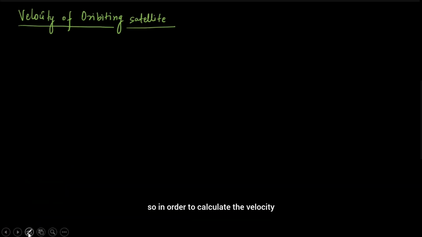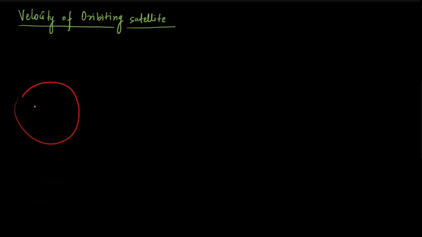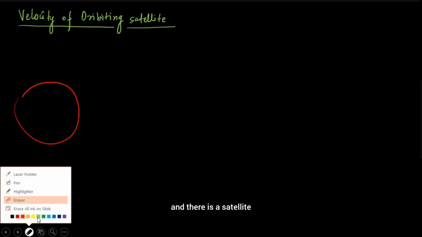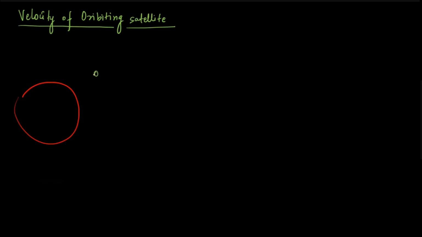So, in order to calculate the velocity, we assume again this is our Earth, and there is a satellite revolving at this point, at a distance r away from the center of Earth, going with velocity v.